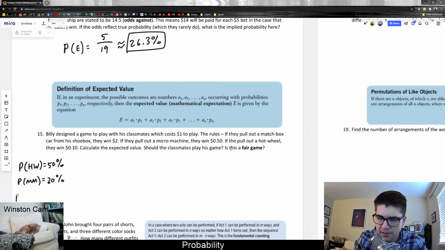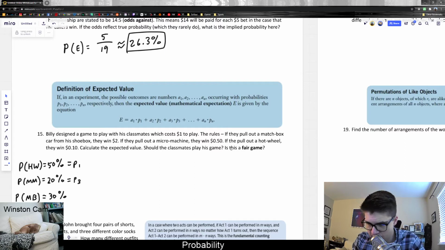And the probability that they pull out a Matchbox was 30%. We need to know all those probabilities. You could call that P1, P2, P3 in this particular notation. I'll go ahead and rewrite it like that: the probability of each outcome occurring.